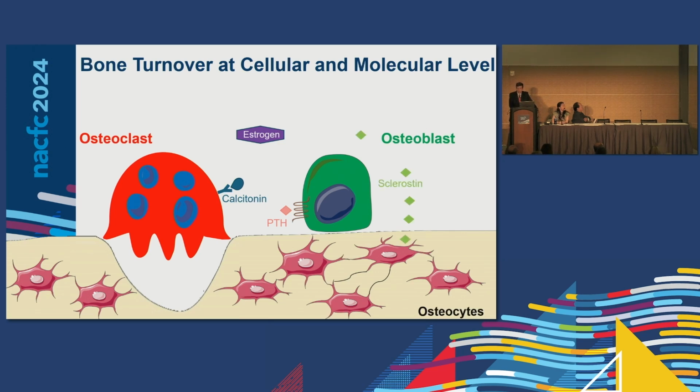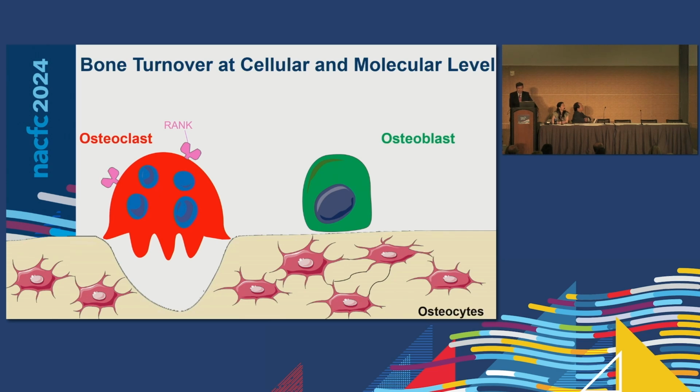Sclerostin is another important molecule that is secreted by osteocytes and inhibits osteoblasts through its interaction with the Wnt signaling pathway. And we have drugs that block sclerostin that I won't be covering today. But the important effector molecules in this relationship between osteoblasts and osteoclasts are RANK ligand and OPG.